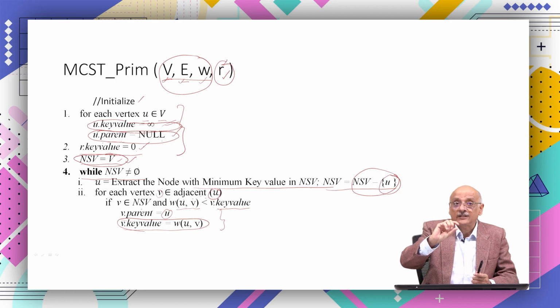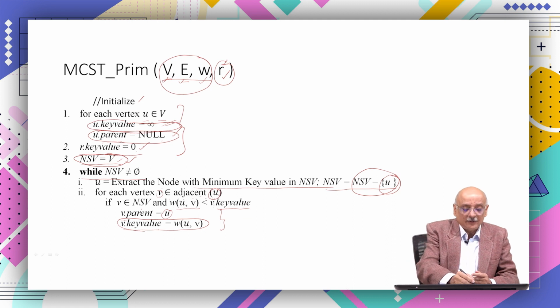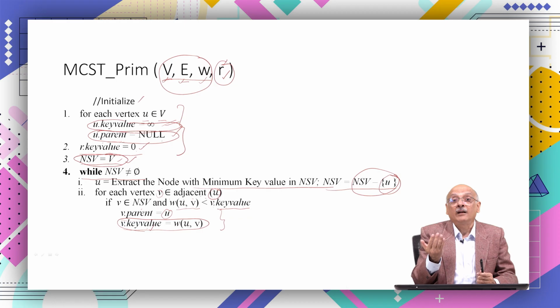The weights are then put into the key values, so the key value gets the weight of the edge. The smallest weight is then selected next. That is how the key value contains the weight of edges, and it is used to select the next edge.